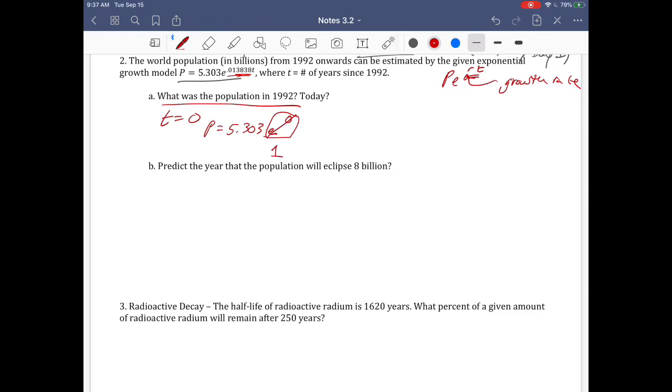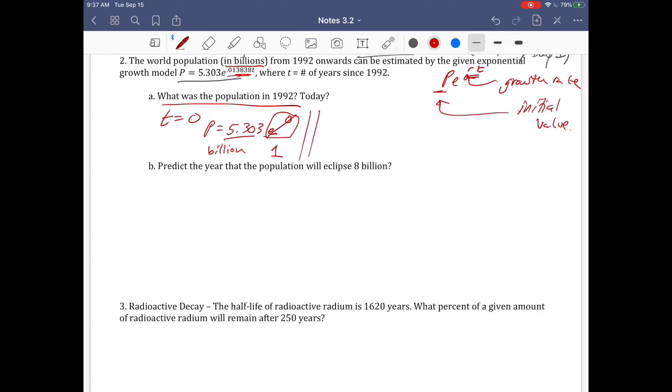So what was the population? 5.303 billion. What's really important is that when we have things modeled like this, that P-value is essentially your initial value, your starting point. So that's a really important feature to remember.